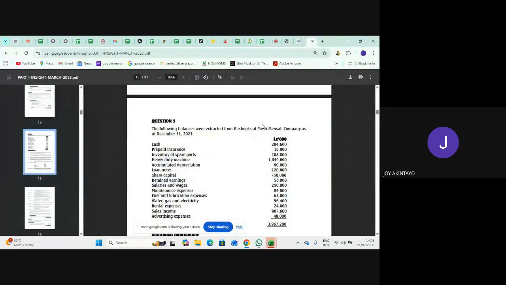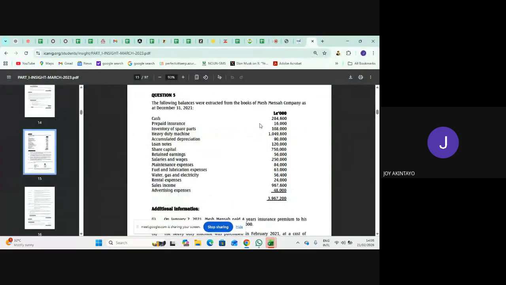The question says, the following balances were extracted from the books of Mesh Mensah Company as at 31st December 2021.